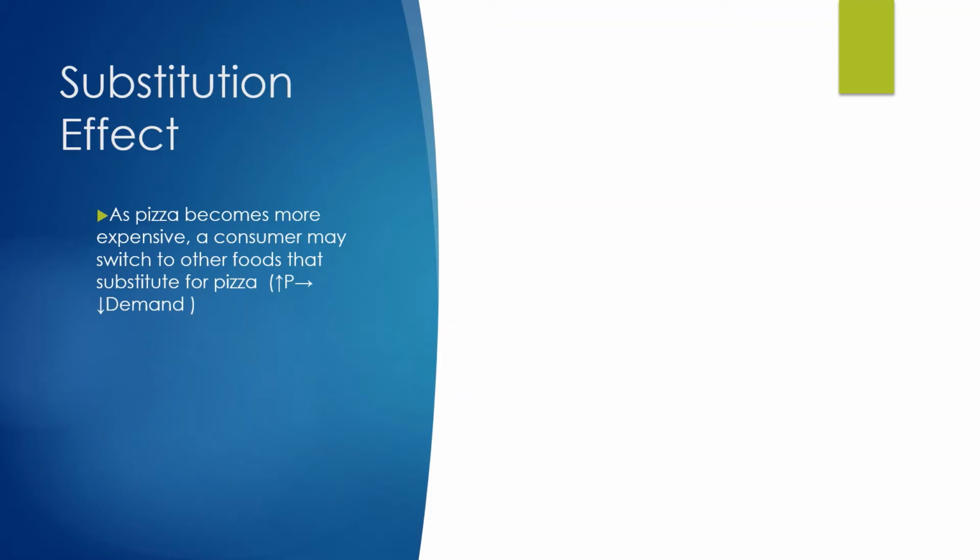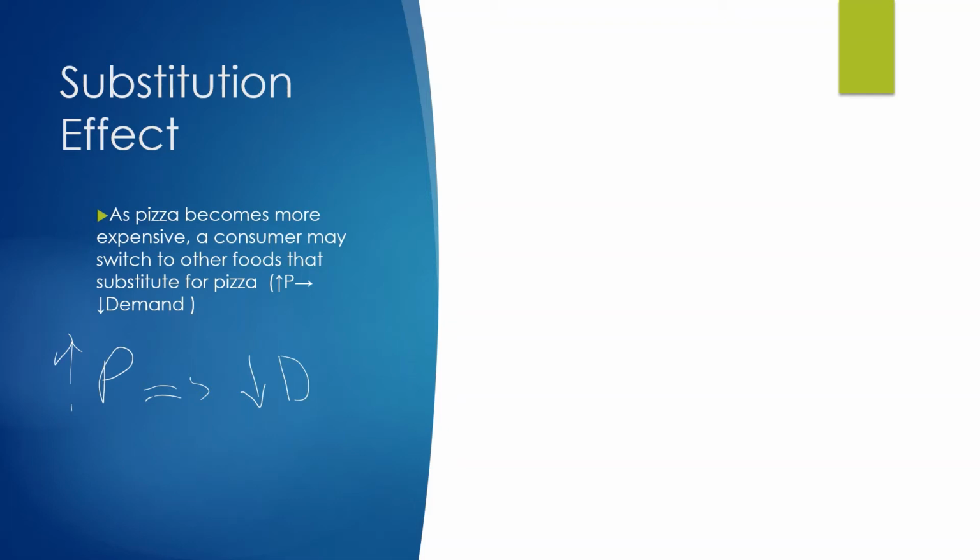But how? We just have to look at the substitutes of pizza. People can substitute pizza either with burger or maybe with bread. So it means that there are substitutes available for pizza. Whenever the price of pizza is higher, people will decrease their demand by substituting pizza with burger or bread, the cheaper good.